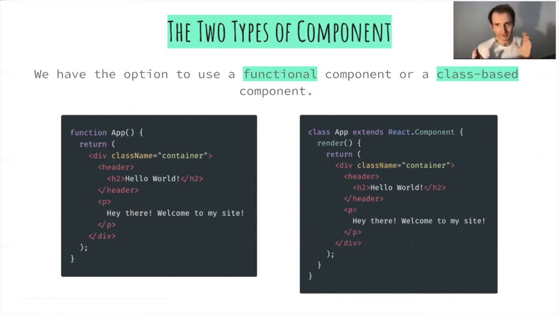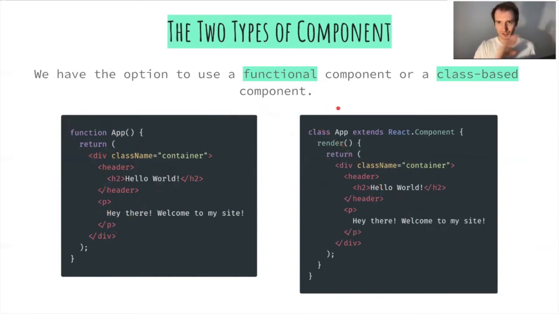So if that seems a little bit uncertain right now, we'll get around to it, especially in the demo. But just realize that everything that's returned in a functional component, either just from the return statement or everything that's returned from the render method of a class-based component, is what ultimately shows up on the screen.